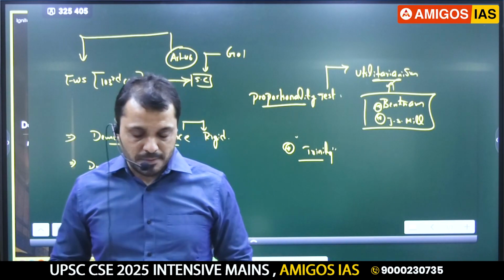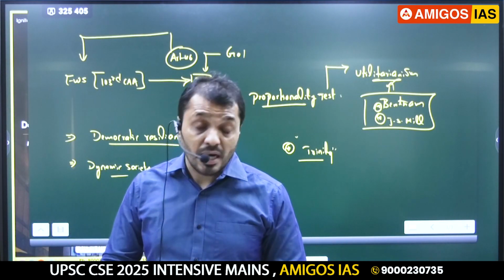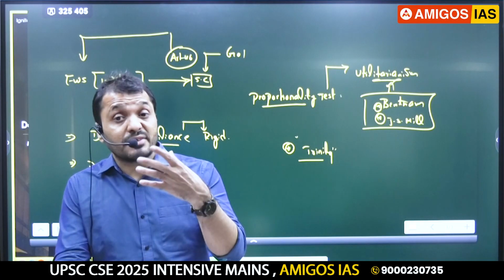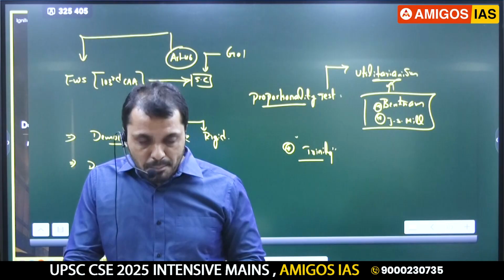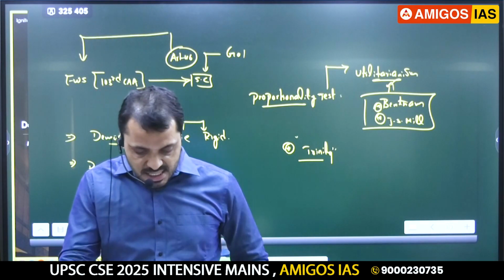And regarding adequate representation, how it will be measured is also one of the criticisms. So this is the balancing view of Articles 14, 15, 16.